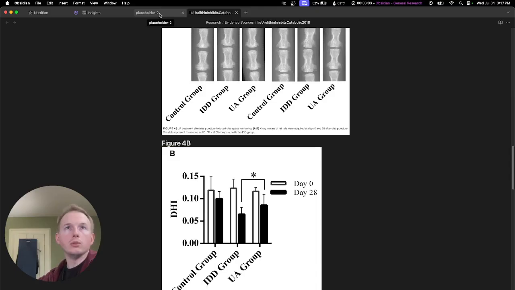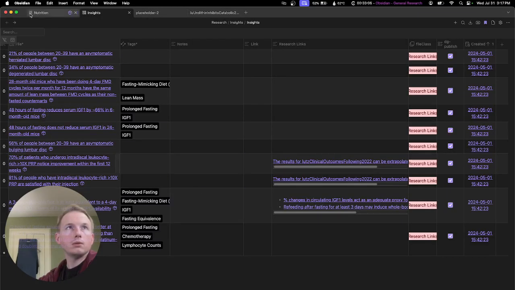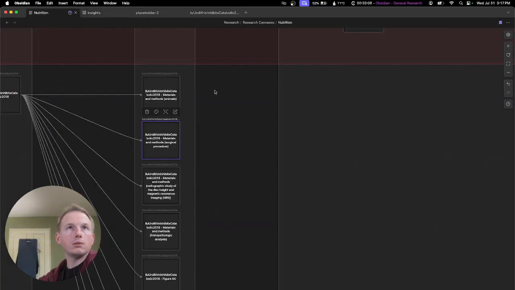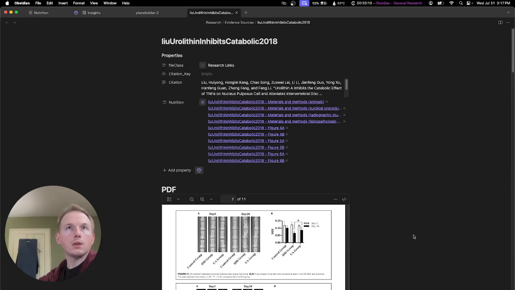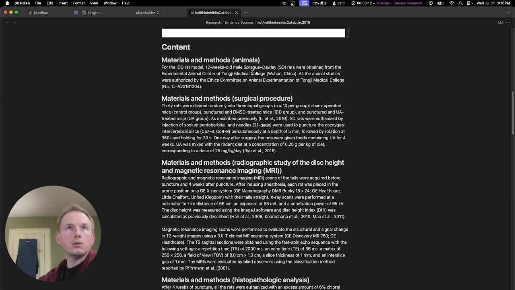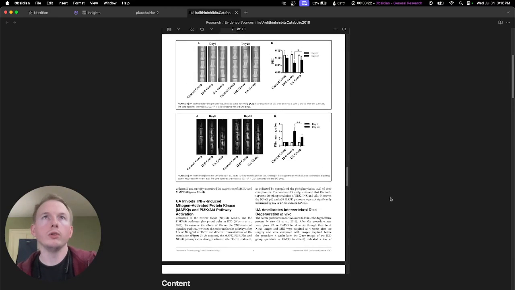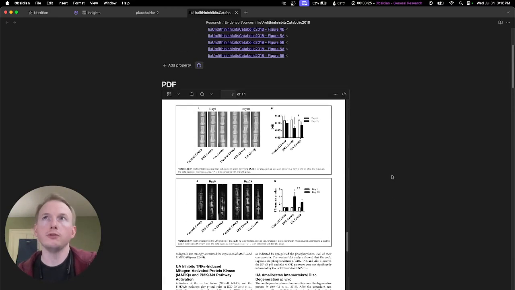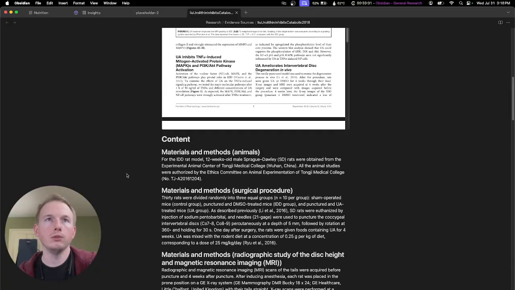I wonder if these were adult mice. "12 weeks old." So the reason I asked that is I'm wondering if the discs were fully formed by the time that this model was used, which I believe was disc puncture.